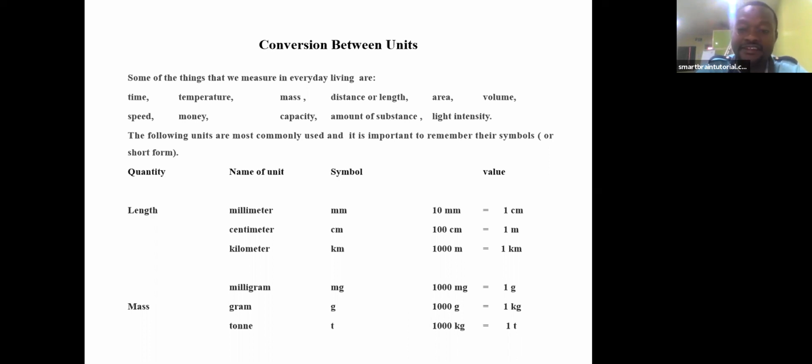And then in unit conversion, 10 millimeters represent 1 centimeter. Then we have the centimeter, the symbol is cm. 100 centimeters is equal to 1 meter. Then we have the kilometer, the symbol is km. 1,000 meters represent 1 kilometer.